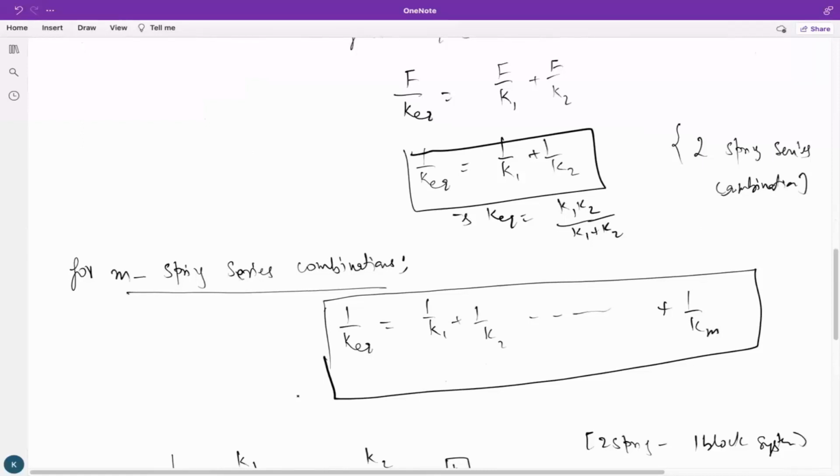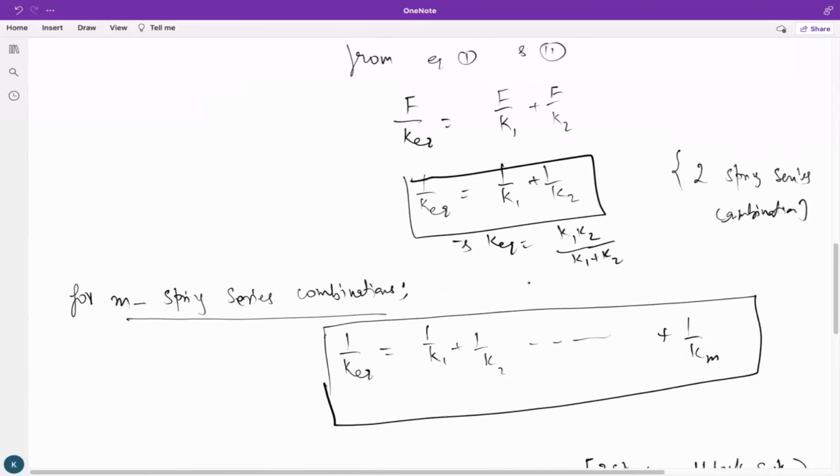So what you have to do is convert that system into a single spring block system, and then you know that the time period for the single spring block system will be equal to 2 pi root under m by k. Here the k is k equivalent, and you all know how to calculate the k equivalent for m springs in series combination. So this is the formula we will use to solve those kinds of problems.